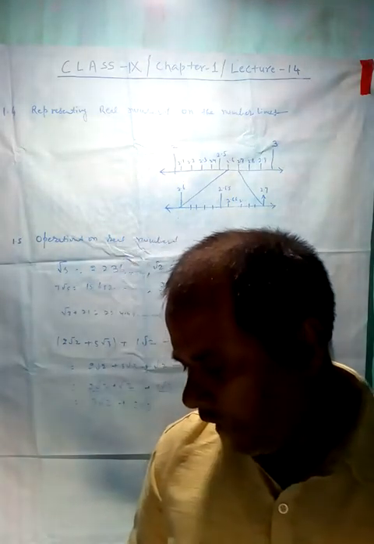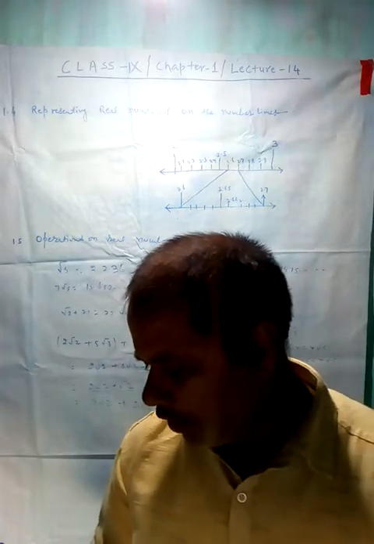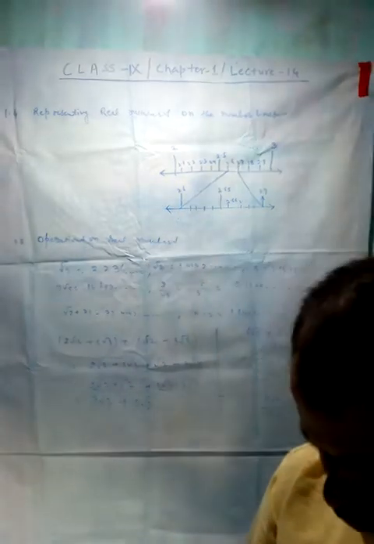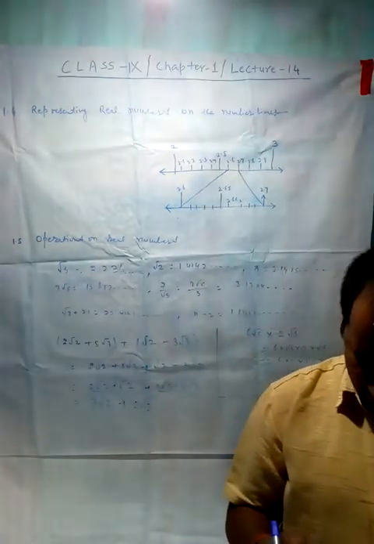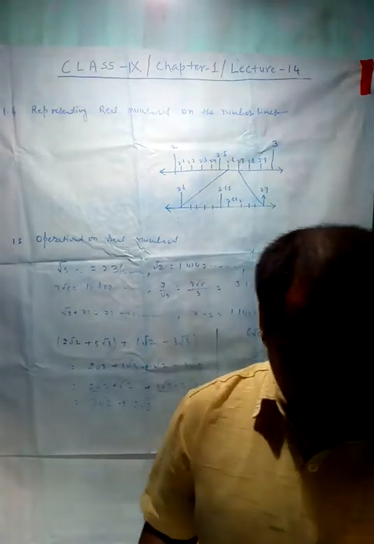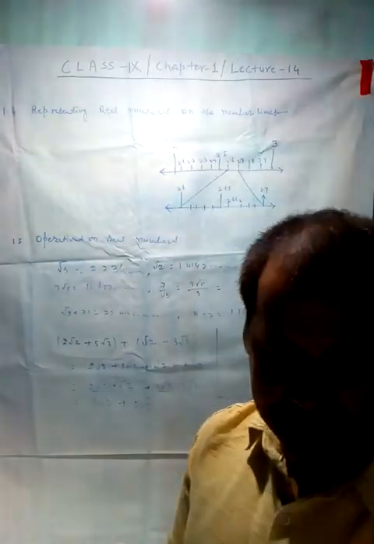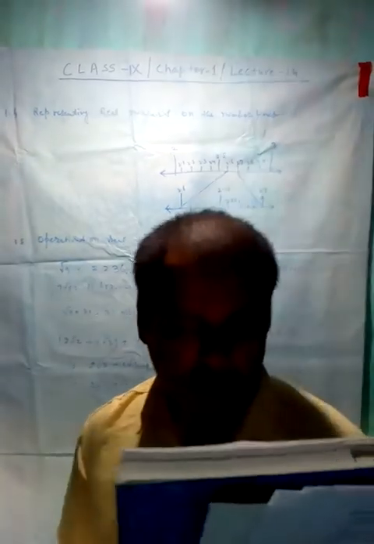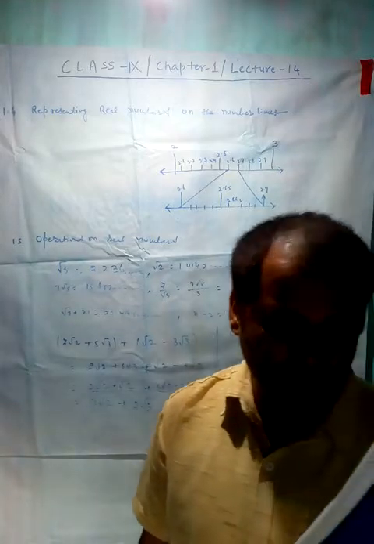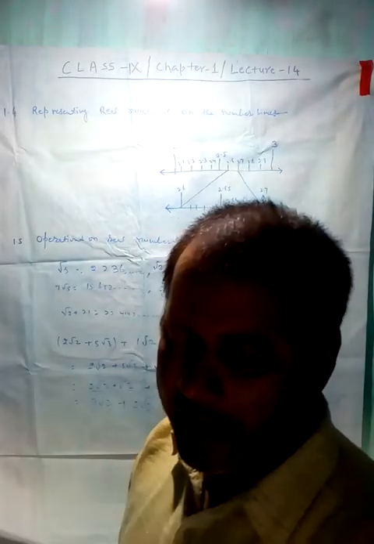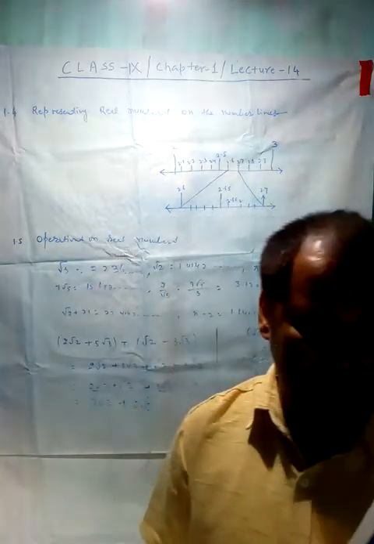Now we turn our attention to the operation of taking the square root of real numbers. Recall that if a is a natural number, then root a is equal to b means b square is equal to a and b is greater than 0.